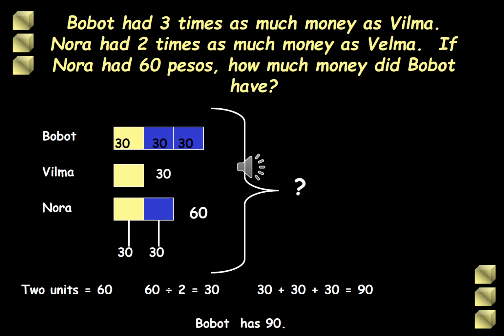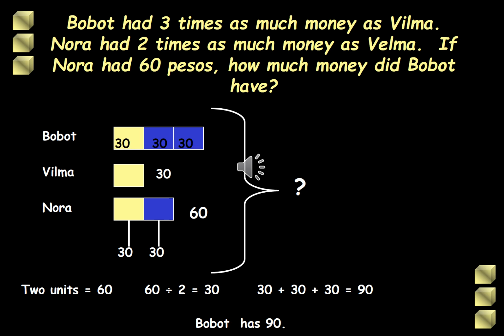So with that, we know that the 60 pesos is 2 times as much money as Vilma. And with that, we can deduce that half of 60 pesos would be Vilma's money. So here, half of 60, or 60 divided by 2 is 30, and that would be Vilma's money.